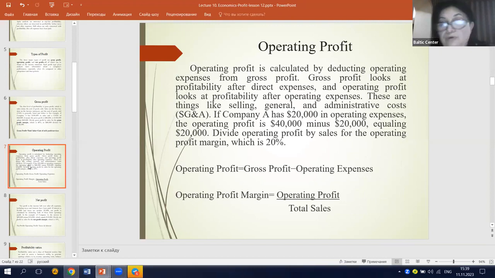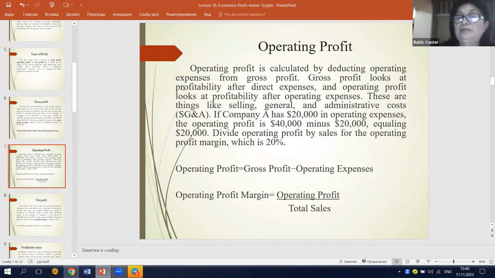Operating profit is calculated by deducting operating expenses from the gross profit. Gross profit looks at profitability after direct expenses, and operating profit looks at profitability after operating expenses. This is like selling, general and administrative cost.